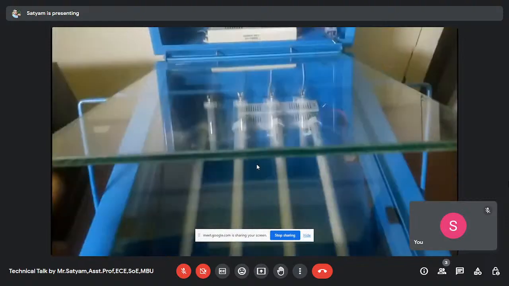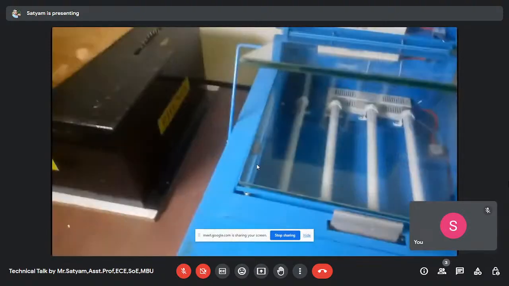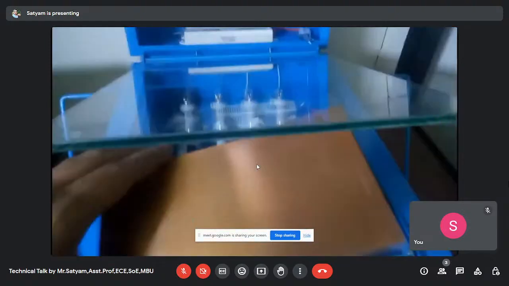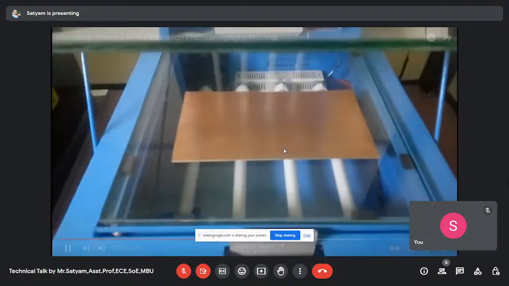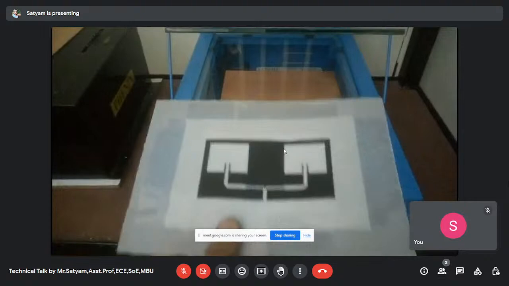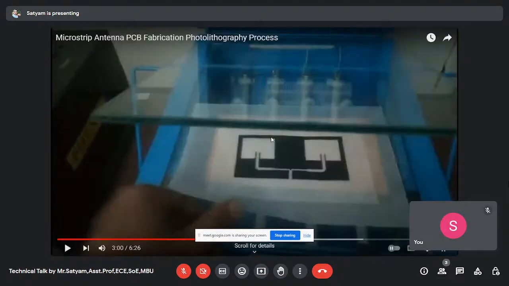A sandwich glass assembly is used to provide excellent tension between the negative and PCB. So this is the negative. He will just put it and he will leave it, and this image will be pasted on the substrate, right?